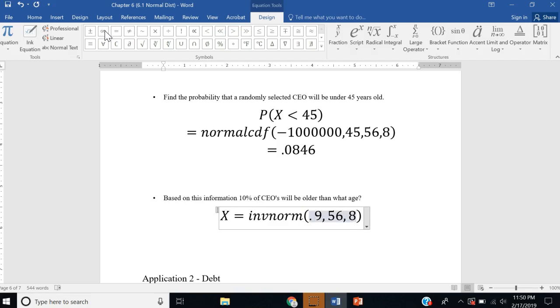You could use 0.9 or 0.90 or whatever you want. And it turns out that only 10% of CEOs are older than 66.25 years old. So about 10% are over that 66 mark, and about 90% are under that 66 mark.